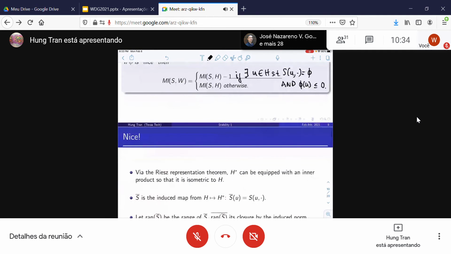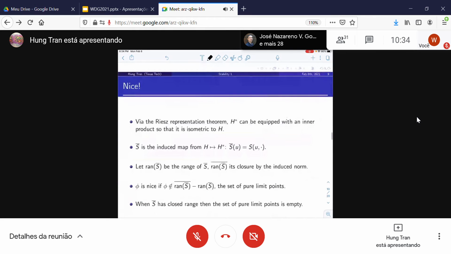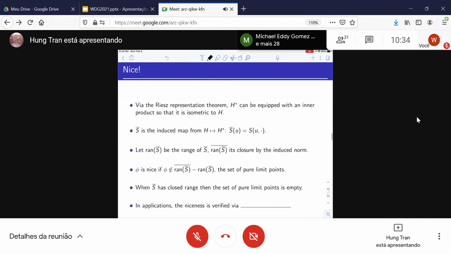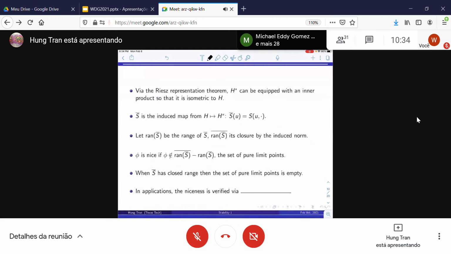Now let me explain what it means to be nice. With the Riesz representation theorem, S star can be equipped with an inner product so that it is isometric to H, and S bar here is just the induced map from H to S star, as I said earlier. The way you construct the map is that any u here maps to the bilinear form with u as the first factor. So this is a map from H to S star.